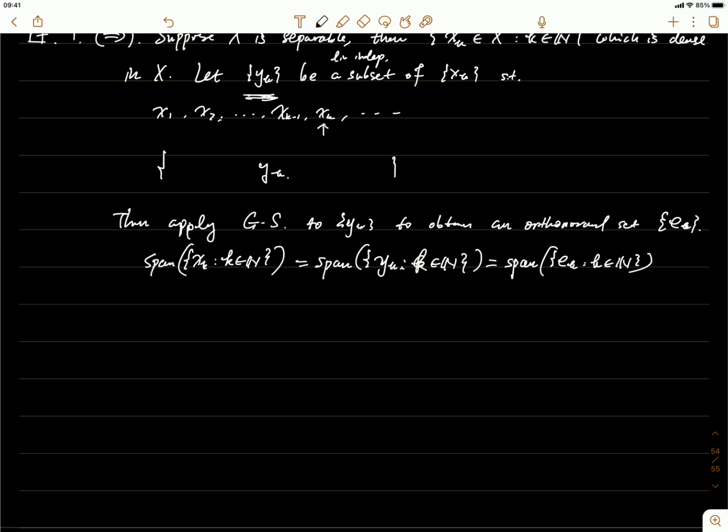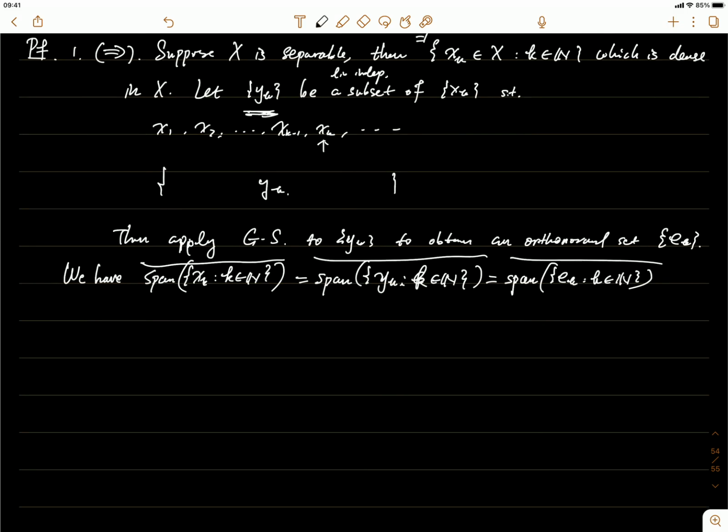And since all these spans are the same, I can take the closure of them, they will still be the same. And now remember that the xk is a countable dense set in X. If we take the closure of this, it will be essentially just X. And that just means that this is X as well.